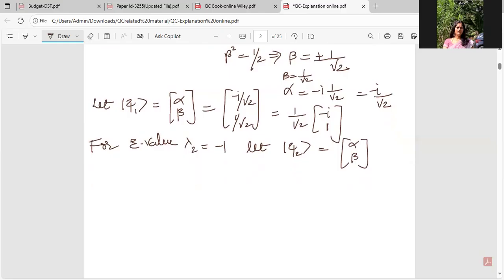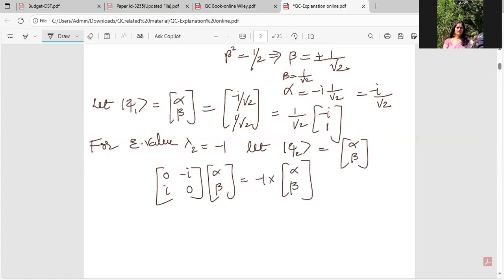Just to make things look simple, I'm considering this version. So what I will have is A times alpha beta, that is 0 minus I, I 0 times alpha beta, and this is equal to minus 1 times alpha beta. So again minus I beta is equal to minus alpha.